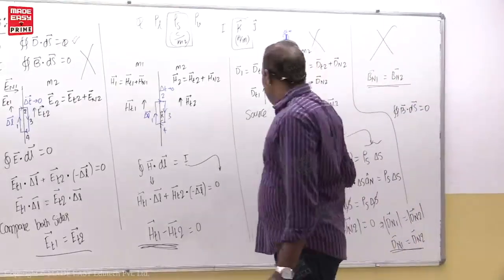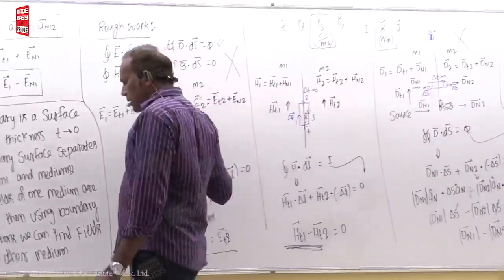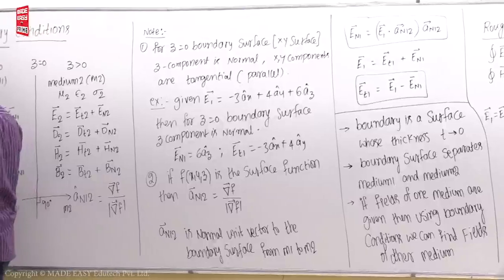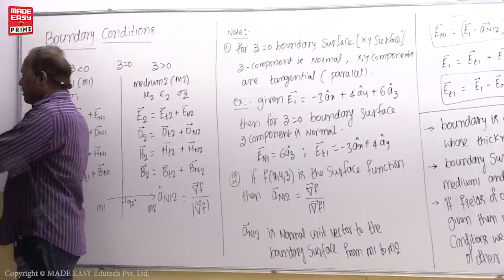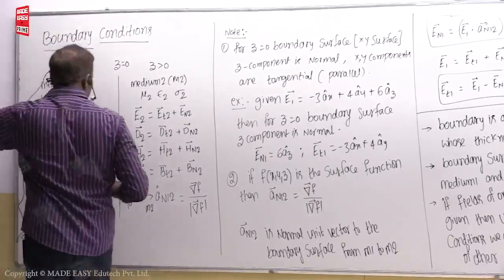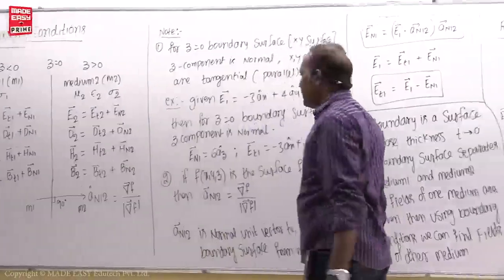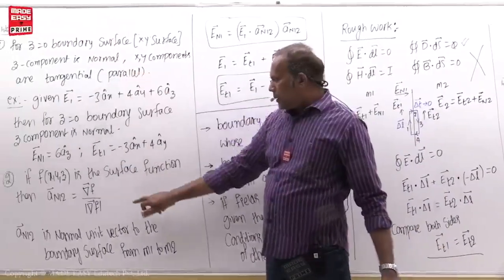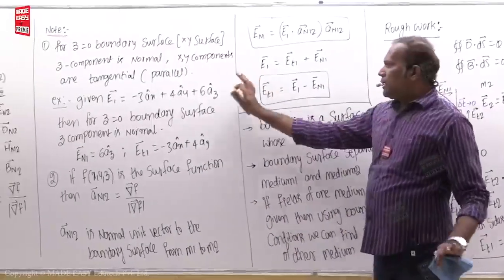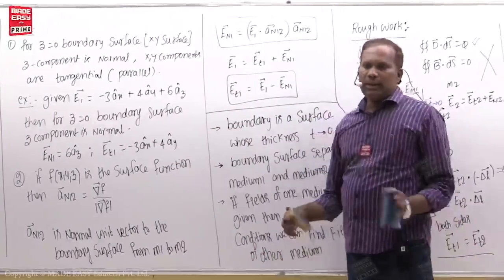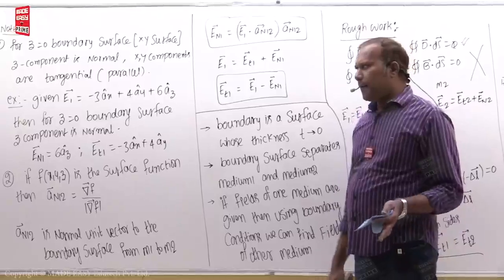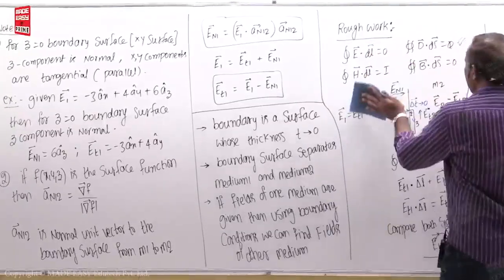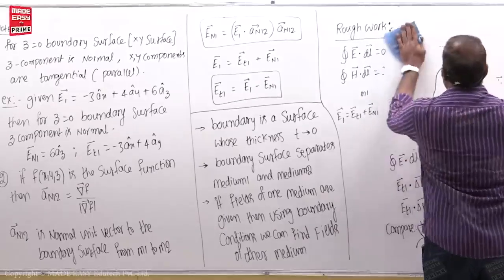Now this discussion is not useful to you, and what is useful we will write there. So dear students, until this, what to remember? This is one point, this is the second point. Only these two things you have to remember. After this, I will write 4 points, and those things you have to remember. This is not useful to write.